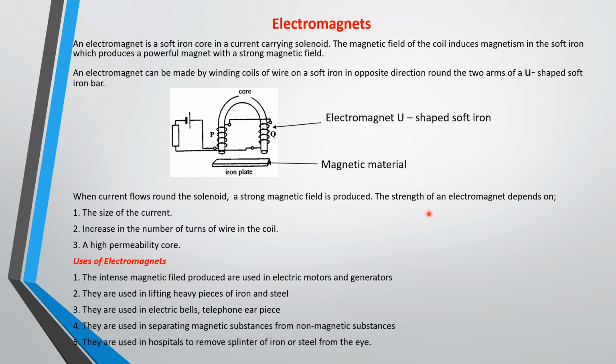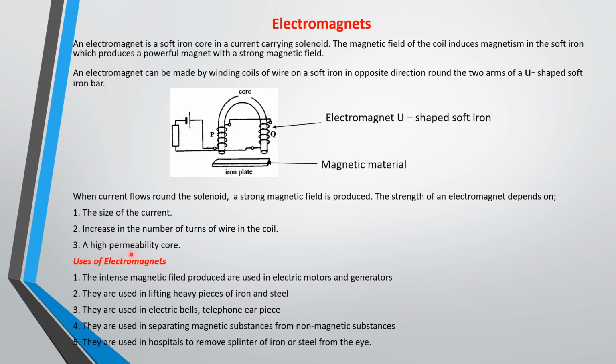Now the strength of the electromagnet, or of the magnetic field produced, depends on: one, the quantity of current that is allowed to flow through the rheostat; two, the number of turns of wire in the coil. The more turns of wire on the coil, the stronger the magnet produced.